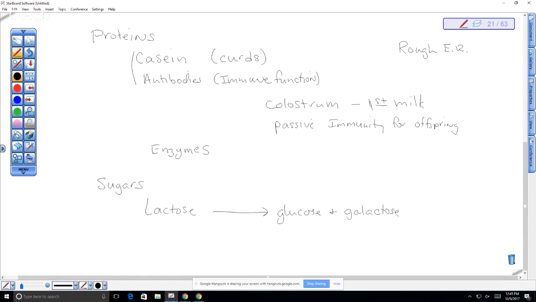So because lactose is composed of glucose and galactose, what kind of carbohydrate is it? What kind of sugar is it? Disaccharide, right? Two components. So lactose is like sucrose, like we looked at last week in lab. The lactose is a disaccharide that instead of glucose and fructose, it's glucose and galactose. So there's a specific enzyme that is used to digest lactose. And the enzyme is called lactase.